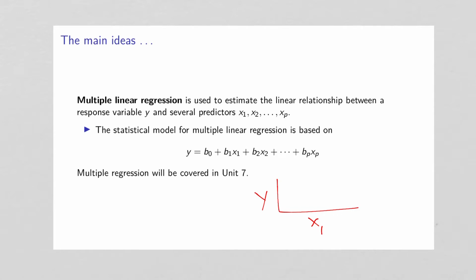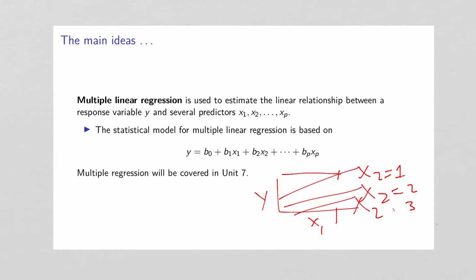And so we can say that one line is if x2 is equal to 1, another one is if x2 is equal to 2, and then another line if x2 is equal to 3. And so then you would be able to tell me that if x1 is equal to this and x2 is equal to 1, then my y should be over here somewhere. Or if x1 is equal to this and x2 is equal to 2, then my y should be over here somewhere. And so on and so forth.